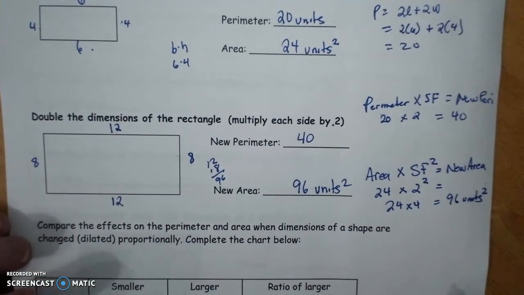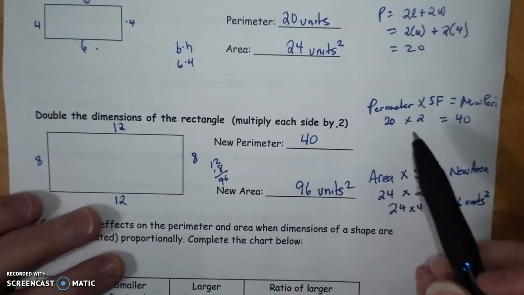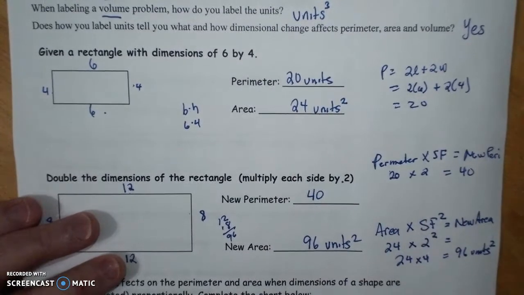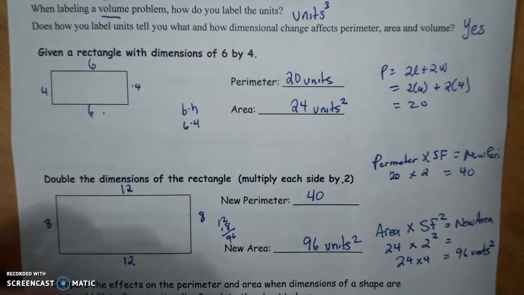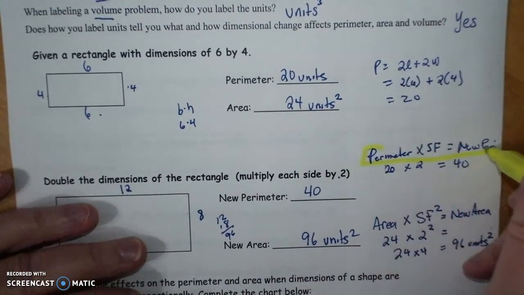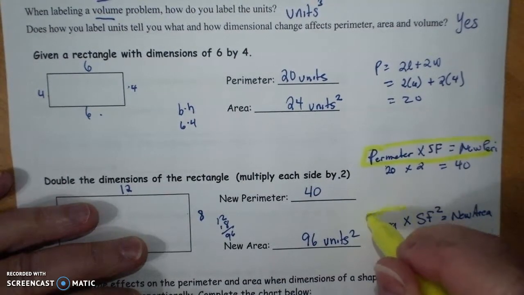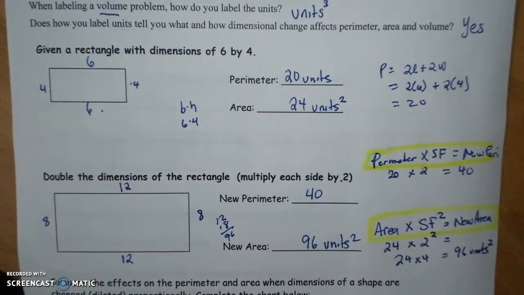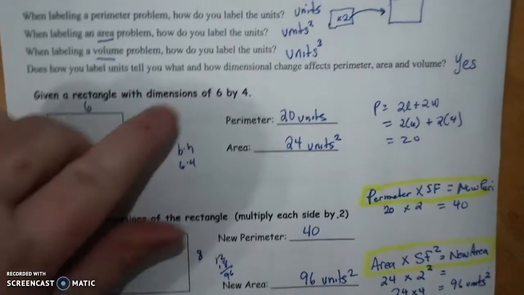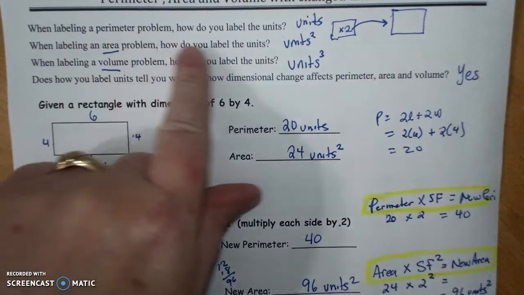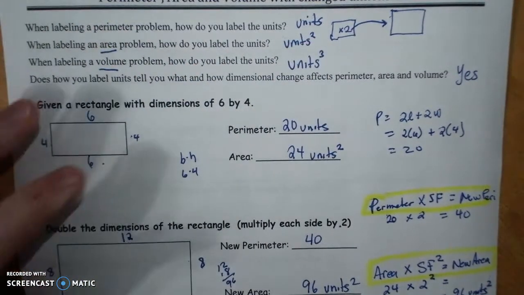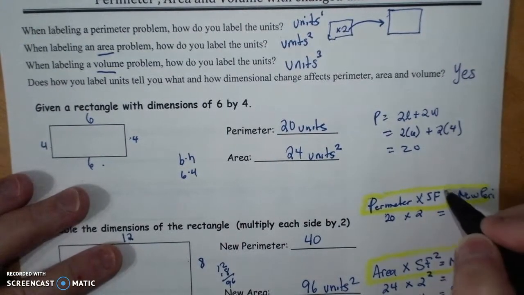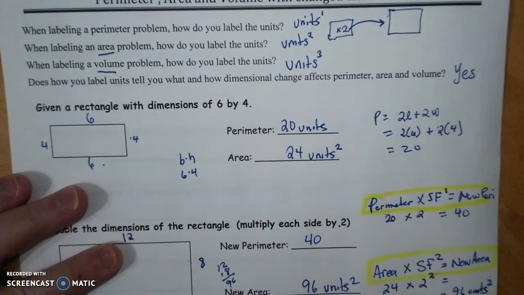Now, if you notice on my formulas here, so I have a formula here, and I have a formula right here. Notice I said when labeling perimeter we did units, and this is units to the first, but one is understood, and that's scale factor to the first.